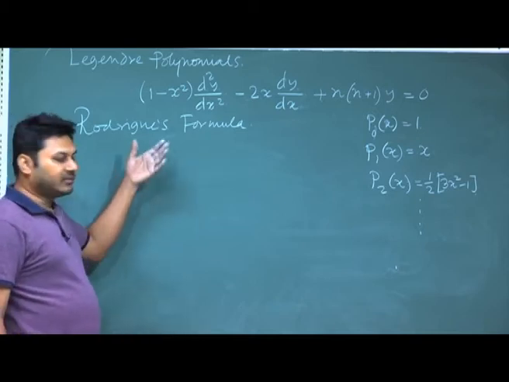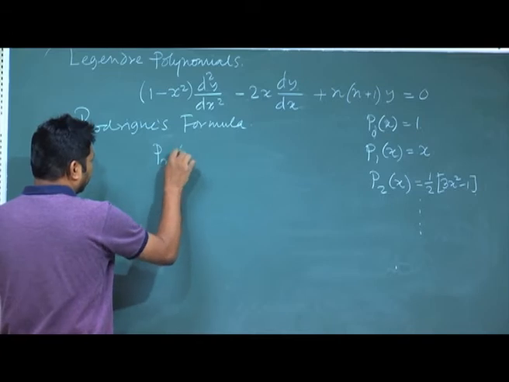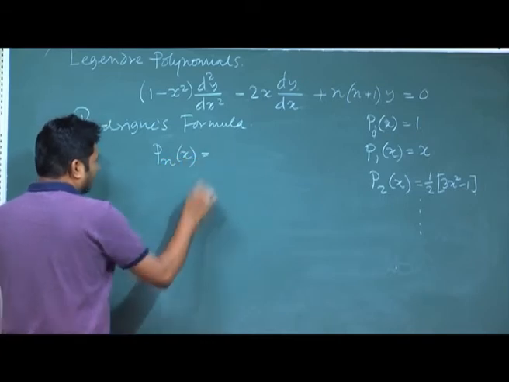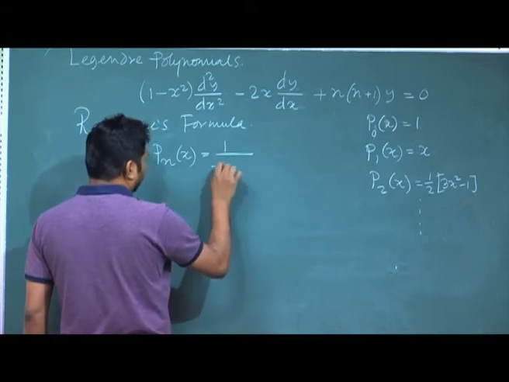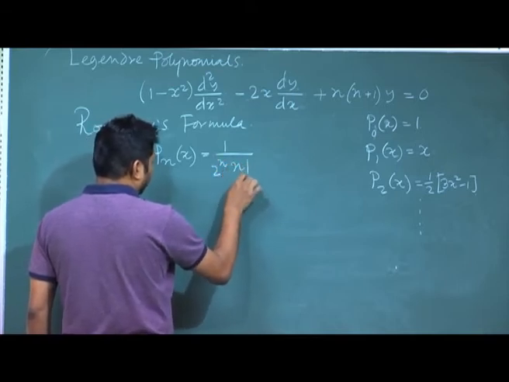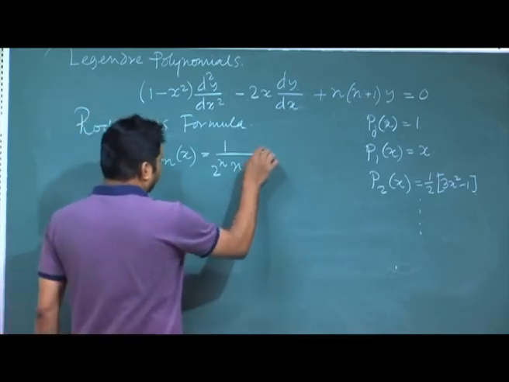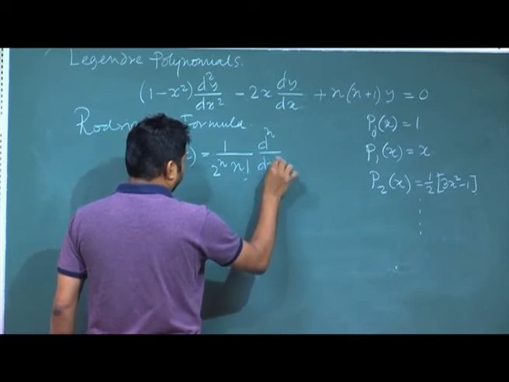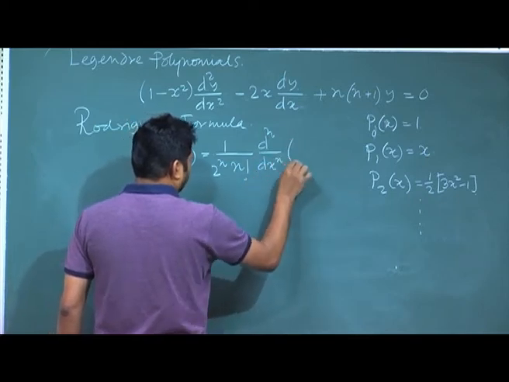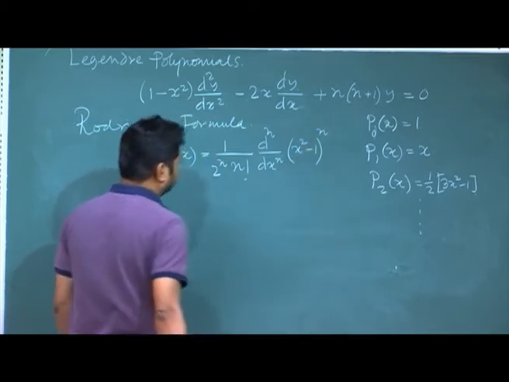This formula suggests how to find Pn(x), and the formula is 1 by 2 to the power n factorial n, the nth derivative of the quantity x square minus 1 whole to the power n.